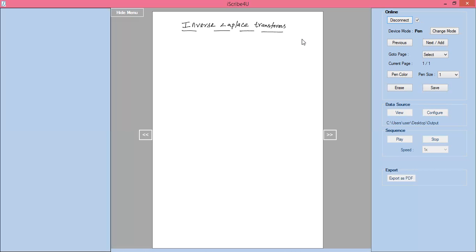Already I told that in Laplace transforms, if L of f of t equals f bar of s, then the inverse Laplace is quite the opposite. This is the way we write it: L inverse of f bar of s equals f of t.